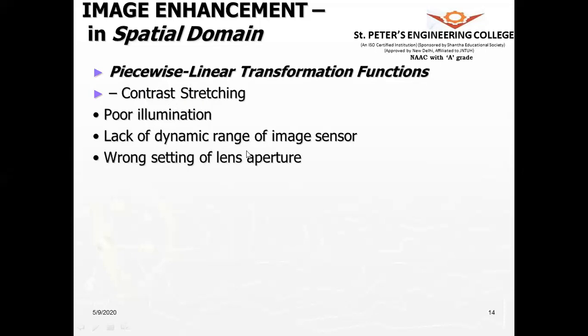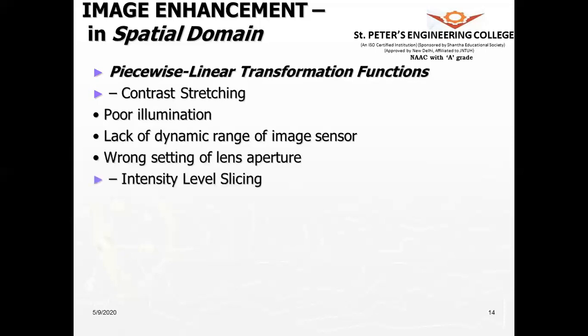And if the image sensor lacks dynamic range, whatever changes in the scene will not be captured by the imaging device, which will result in some error. That can be corrected by using contrast stretching. And even if you're using the wrong aperture lens, that also can cause problems, so we can use contrast stretching to overcome that.